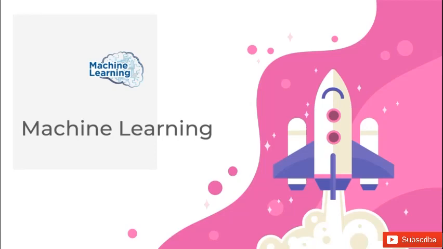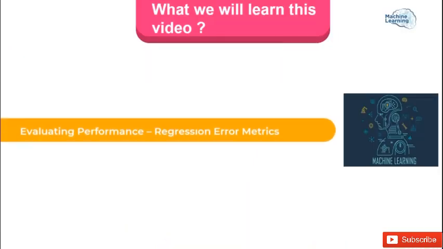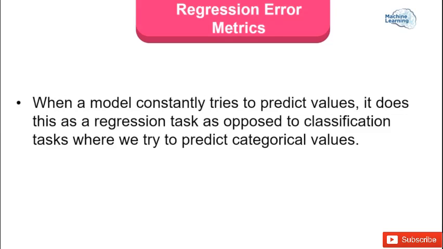Well, hello, dear friends. So in this lesson, we're going to learn the error metrics. All right? So let's get started. Now, in general, when a model tries to predict continuous values, it does this as a regression task, as opposed to classification tasks where we try to predict categorical values.